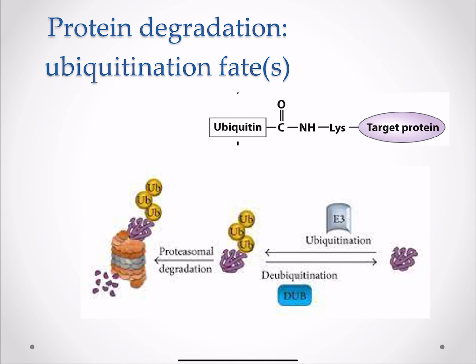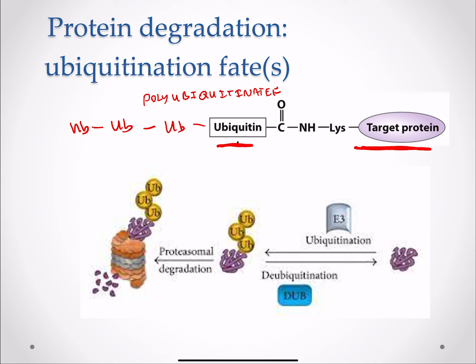Now, your targeted protein with ubiquitin can become polyubiquitinated. And so this would have many ubiquitins attached to it through those same steps. E1 grabs the ubiquitin, transfers it to E2. E2 has the ubiquitin activated, transfers it to the targeted protein.